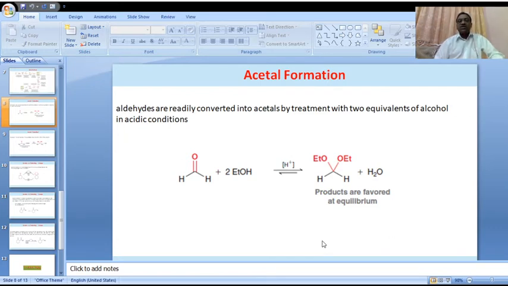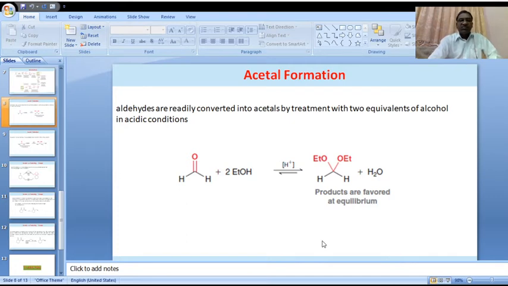In the yesterday class, we completed acetals and hydrate formation of carbonyl compounds. Today we are going to learn about the mechanism part of acetal formation of carbonyl compounds.